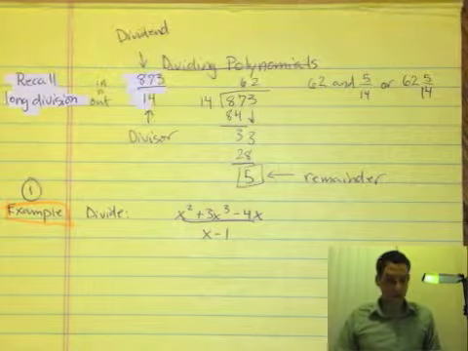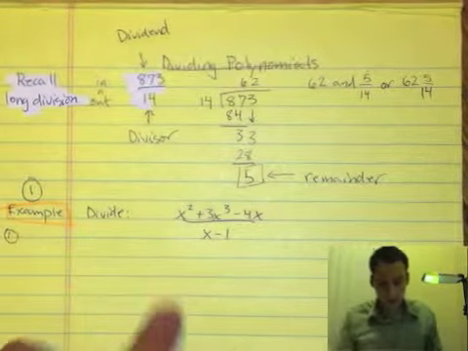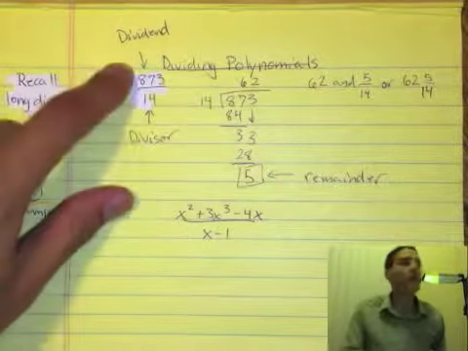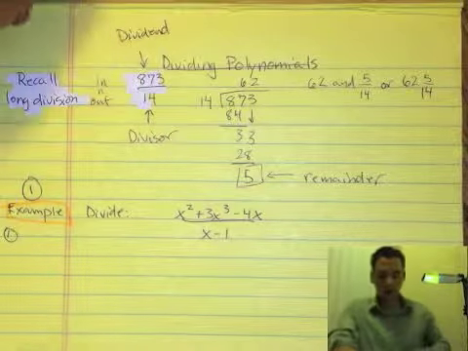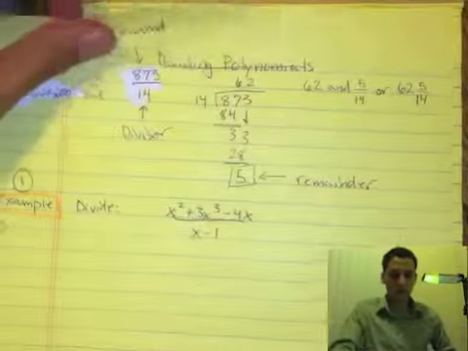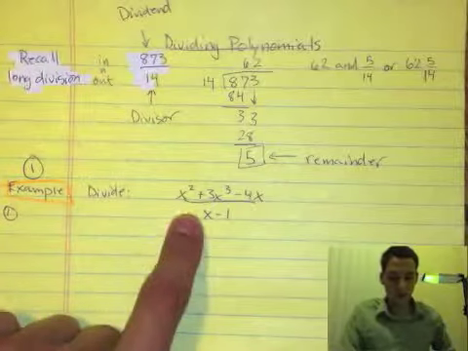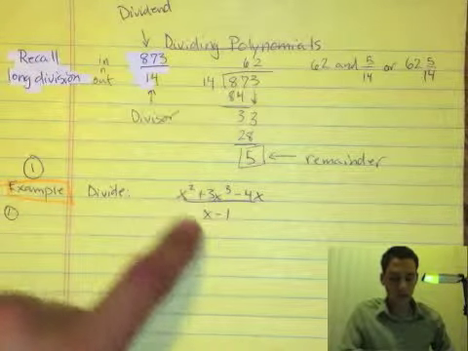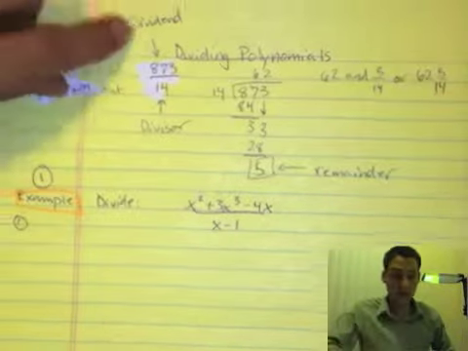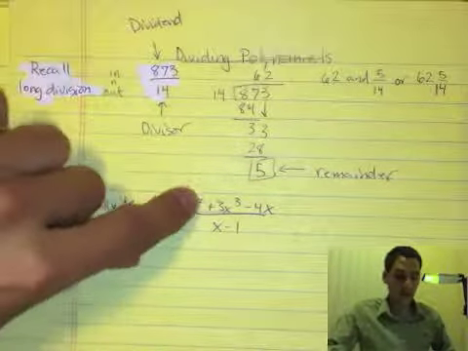And I'm going to write down steps as I go. So the first step when you're dividing polynomials, instead of regular numbers, is to arrange them both, the dividend and divisor, top and bottom, by descending order.